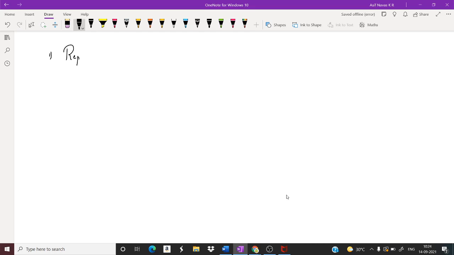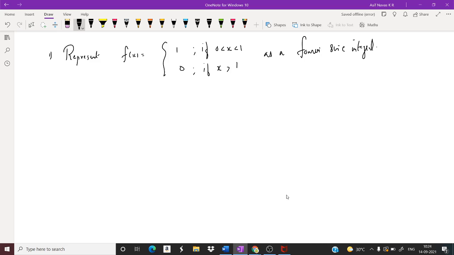Represent f of x equal to 1 if 0 less than x less than 1, and 0 if x greater than 1, as a Fourier sine integral. So here we have to find the Fourier sine integral of this function.